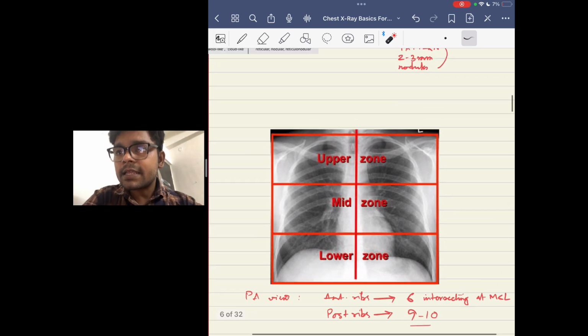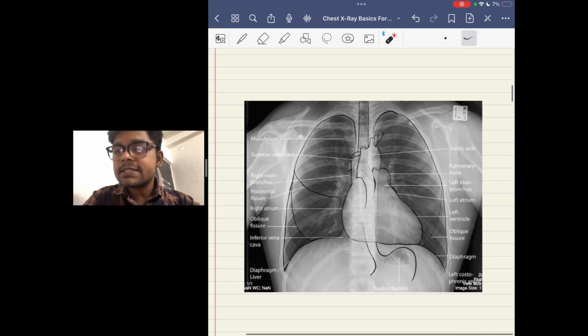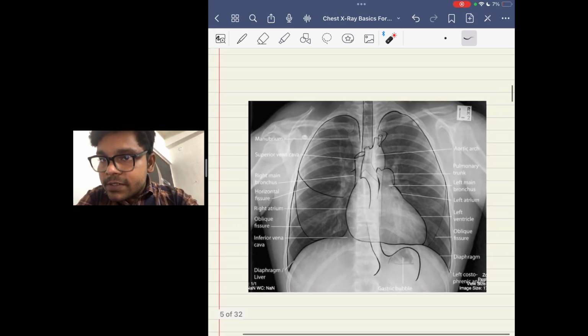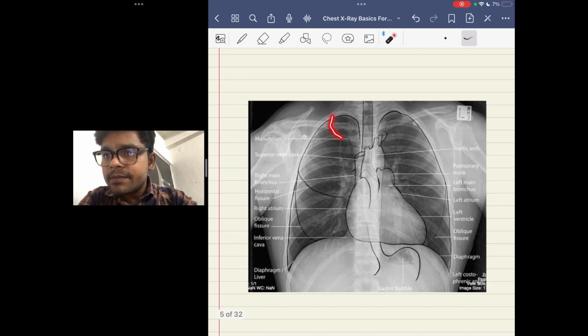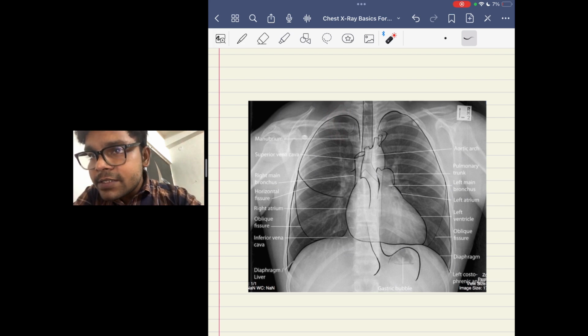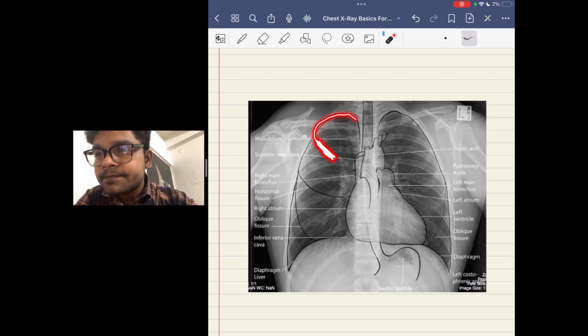Right, this is an improper X-ray. Let us see this. Right, so first of all, trace the first rib from below upward or from anterior to posterior. This is the first rib. If this is your first rib, then this is your second rib, and this is the anterior portion of the second rib. Now this is the third rib. You can trace it back, right?